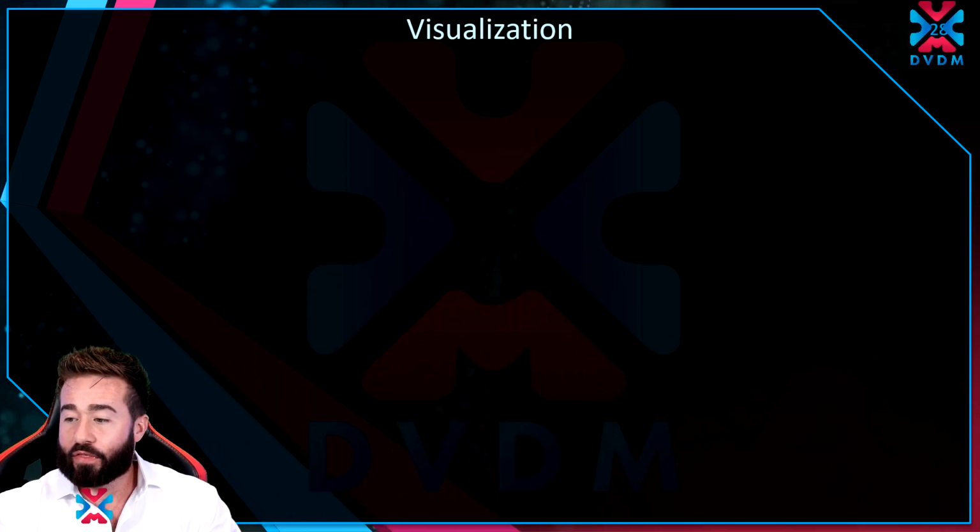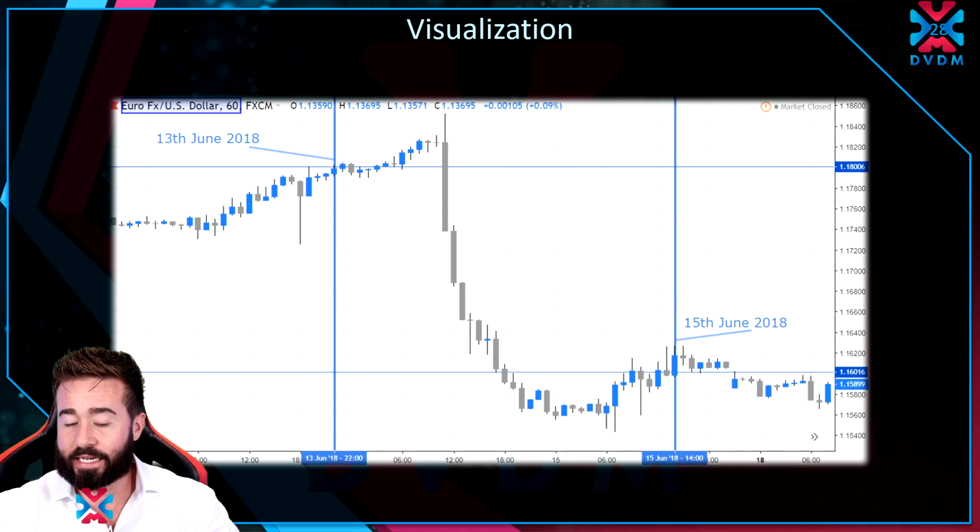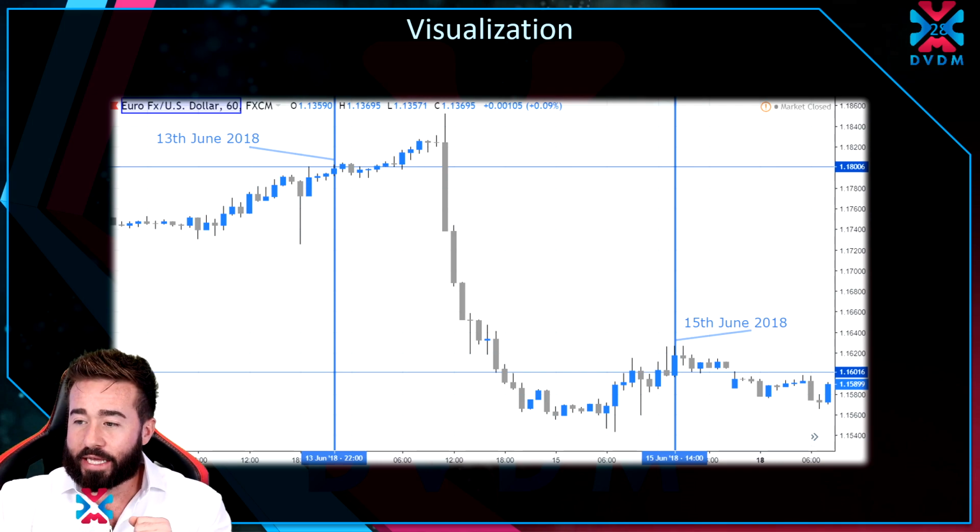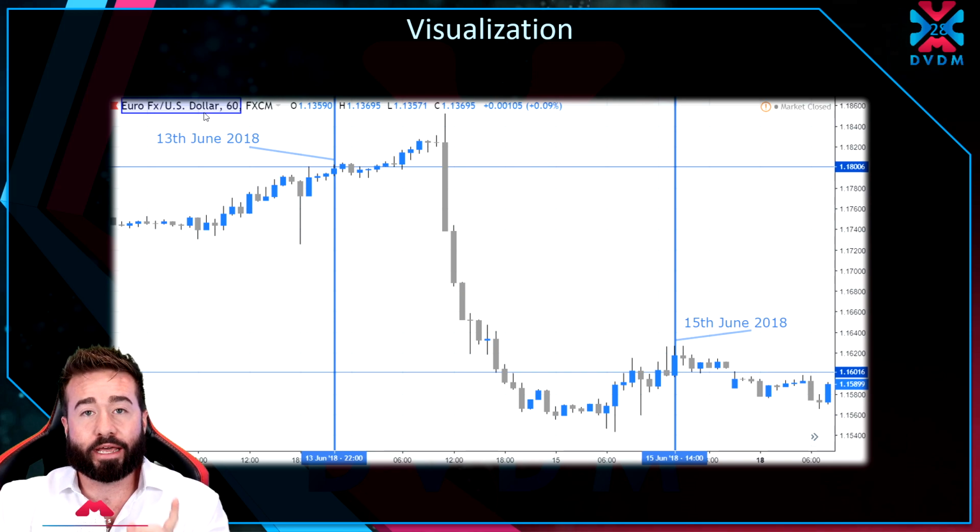Okay, so this is a real chart from 2018. This is the chart from 2018 of the trade that we're busy talking about. So over here we can see that we're dealing with the pair Euro USD. Now remember, the euro is the base currency, the dollar is the quote currency, which means €1 equals how much in dollars.